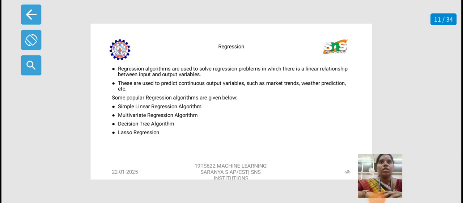The next one is evaluating the supervised learning models, and it is an important step in ensuring that the model is accurate and generalized. There are a number of different metrics that can be used to evaluate the supervised learning model.